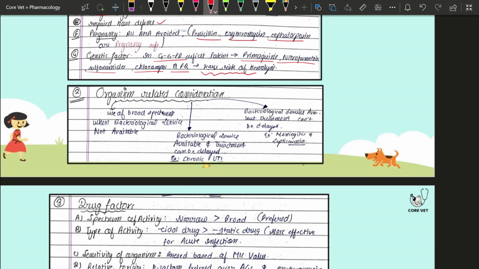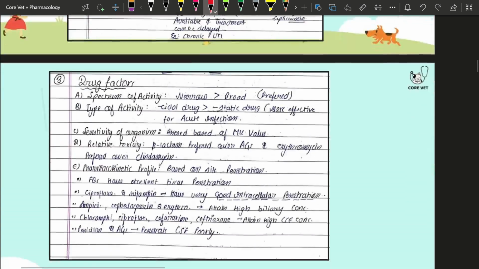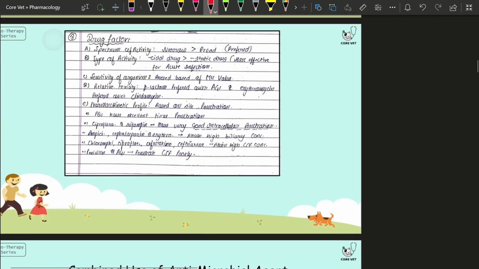Likewise, penicillin is effective towards the gram positive. If you have a report that this particular patient is affected by a gram positive bacteria, then obviously you could use a specific drug which is effective towards the gram positive. That's the organism related consideration that you should look for. Now the last is the drug factor.